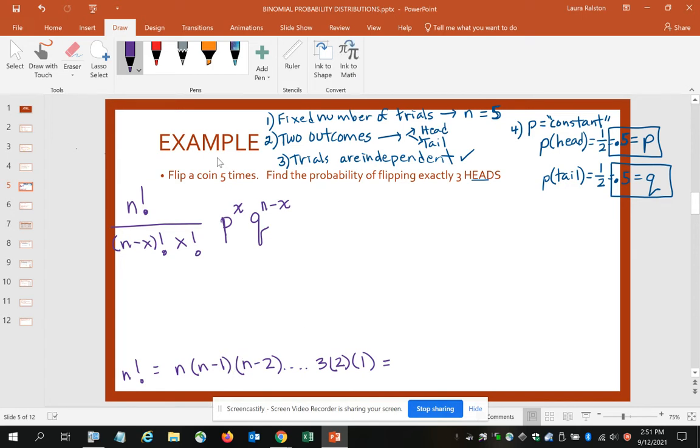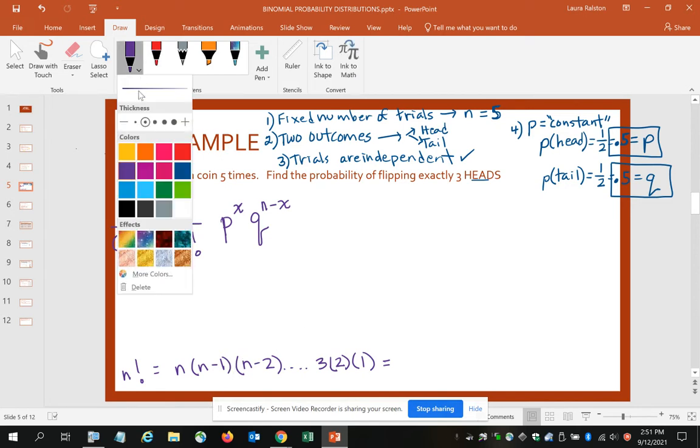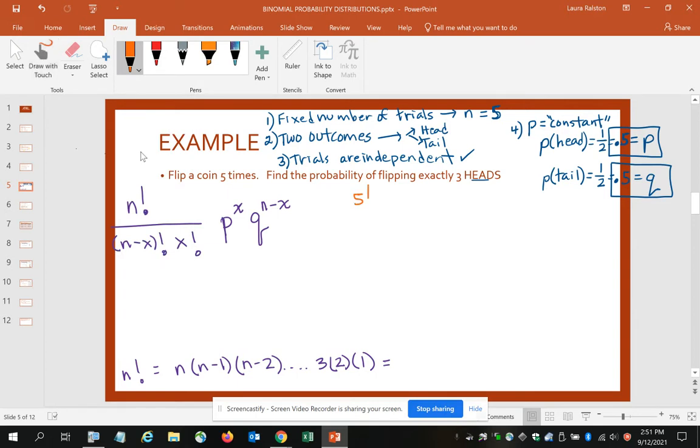So I'm going to plug and chug what I know into this problem. Okay, so n is the number of trials, which is 5. So I would have 5 factorial divided by 5 minus x. X is the number of heads that you want, which in this case is 3. So I have 5 minus 3 factorial times 3 factorial. We decided the probability of success was 0.5 raised to the third power.